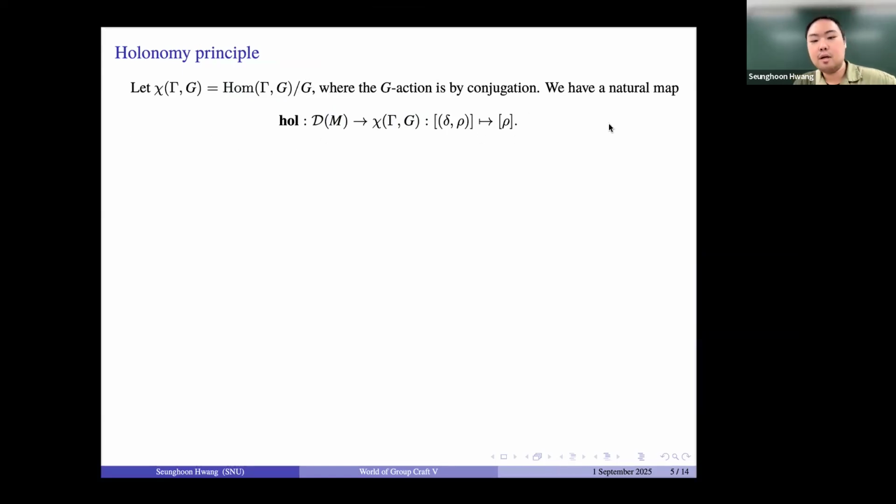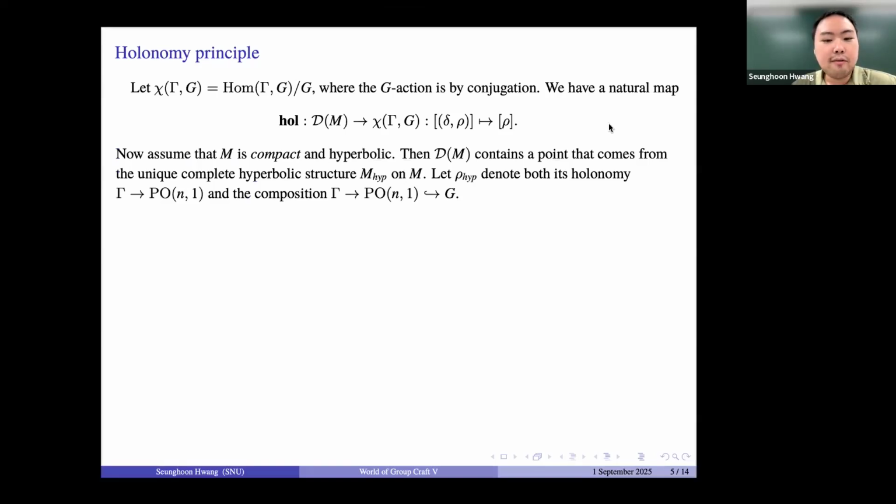Then we have a natural map, which we will just call the holonomy map. For each structure, or point in the deformation space, you assign the class of its holonomy representation. This is well defined.